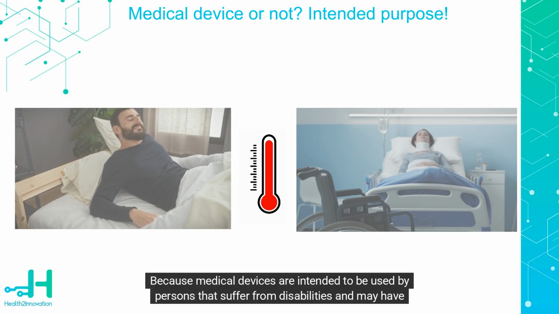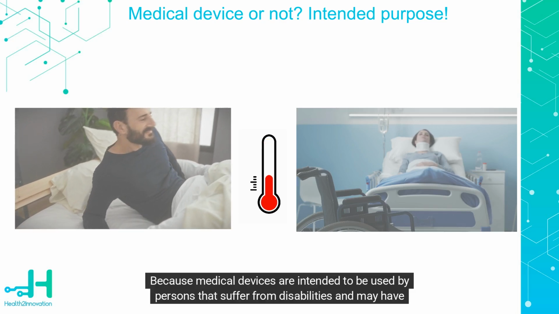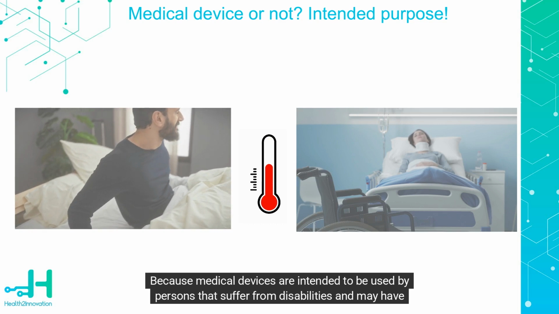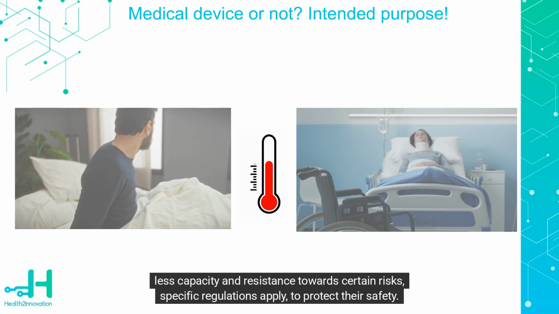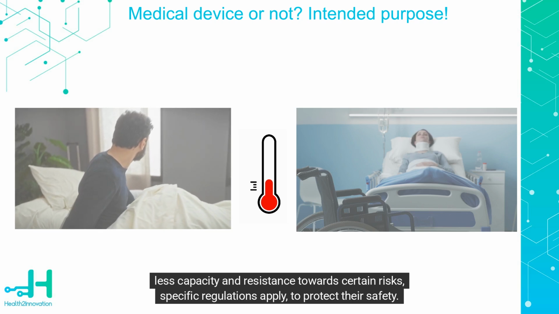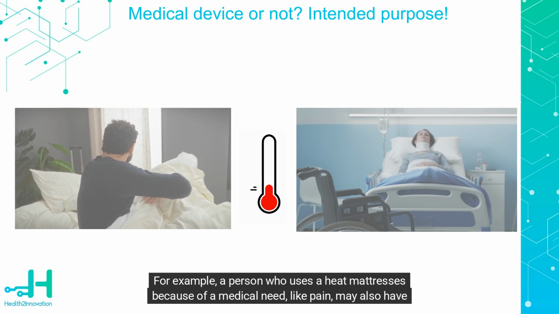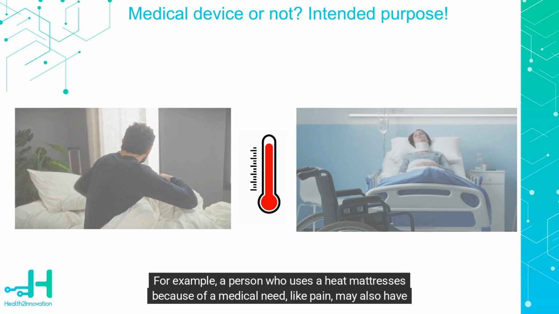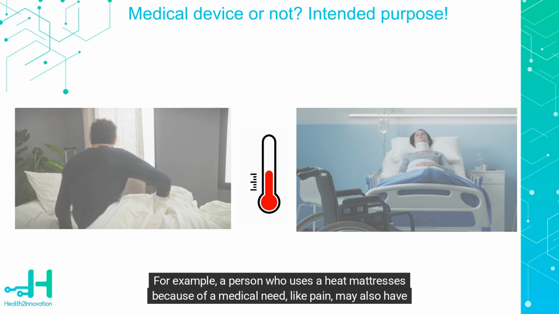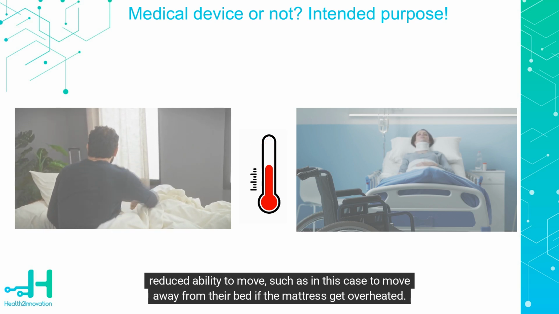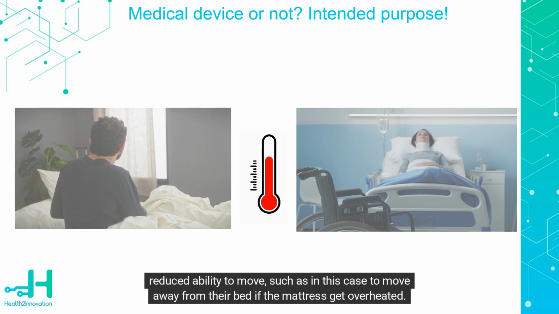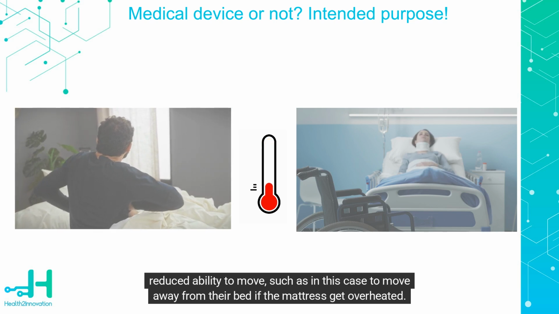Because medical devices are intended to be used by persons that suffer from disabilities and may have less capacity and resistance towards certain risks, specific regulations apply to protect their safety. For example, a person who uses a heat mattress because of a medical need, like pain, may also have reduced ability to move, such as in this case to move away from their bed if the mattress gets overheated.